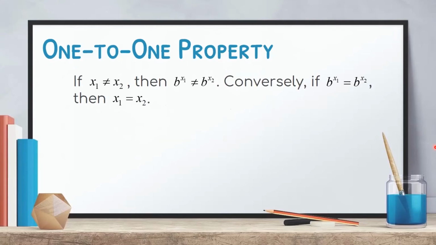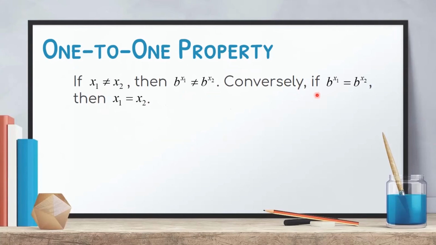In solving exponential equations, it is very important to note the one-to-one property. If x sub 1 is not equal to x sub 2, then it follows that b raised to x sub 1 is not equal to b raised to x sub 2.